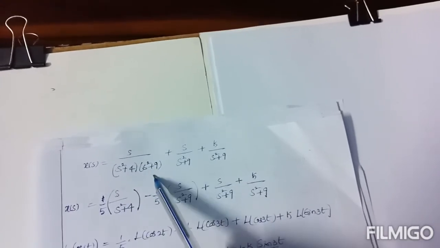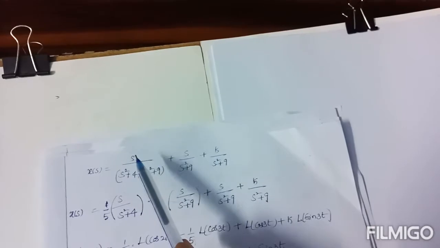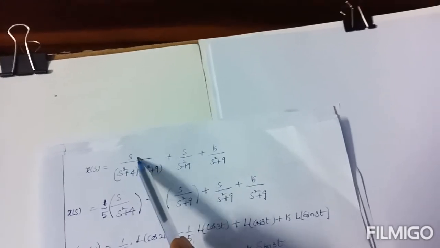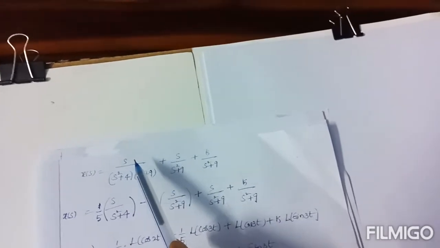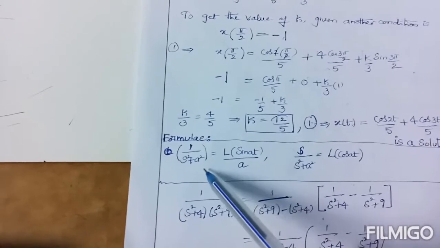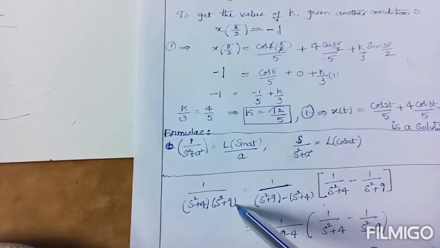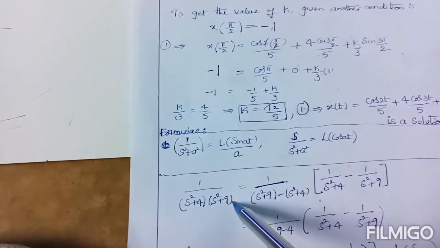There is a shortcut rule. If two factors have the same degree, in the numerator there is only one term. I have defined the shortcut rule at the bottom of this page. Coming here, 1 by s square plus 4 into s square plus 9 is what I first considered.